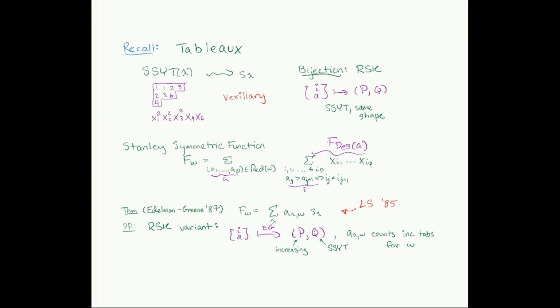A semi-standard tableau, right, the labelings are weakly increasing across rows, strictly increasing down columns, at least in my preferred conventions. You associate a monomial, which comes from the entries of the tableau, right? So we have two ones, that's why we have an x1 squared. We have a 4, that's why we have an x4, and so on. And then if you sum them all up over some shape lambda, you get a Schur function.